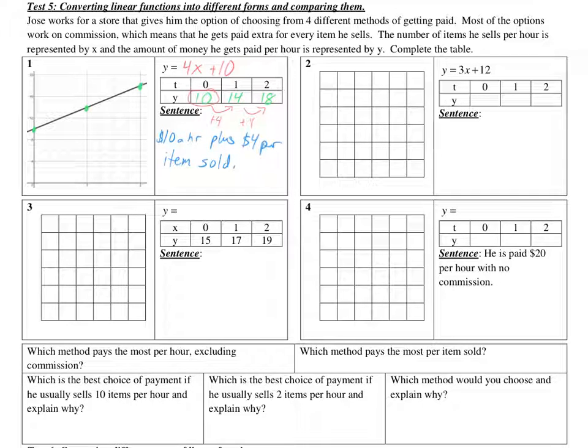If he sold 0 items that hour, wouldn't he make $10 still? He still gets his hourly wage, but no bonus, no commission. If he sold 1 item that hour, wouldn't he get $10 plus 1 times 4? Isn't that what that's saying? So what this table is really saying is, this is how many items he sold, and this is how much he gets paid that hour, depending on how many items he can sell.